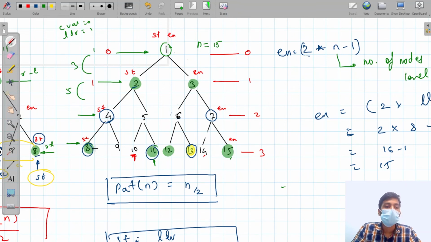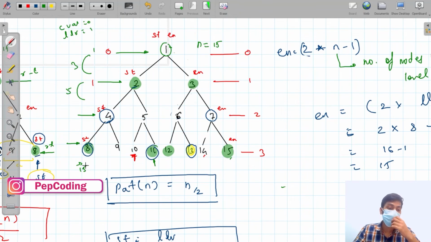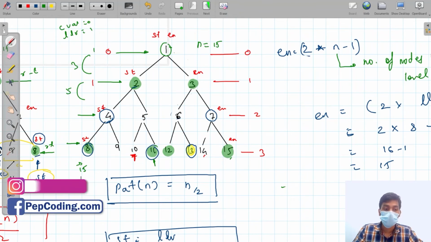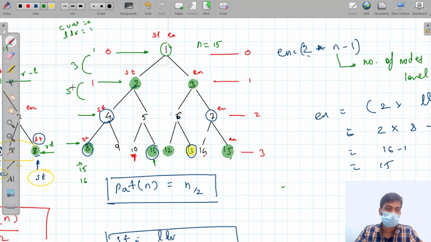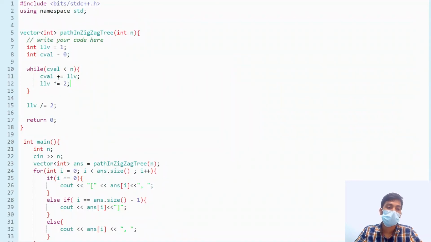So at the end, when cval reaches here, for this 11, let's say cval is going to be something like 15, and our level is going to be something like 16, because actually it is not going to increment by 2, but it is going to increment by level, right?